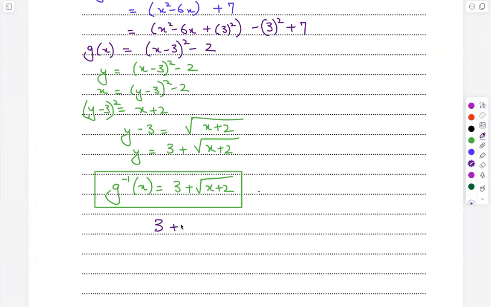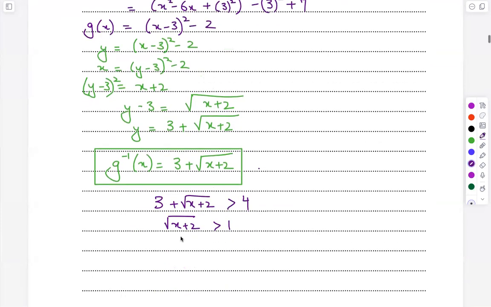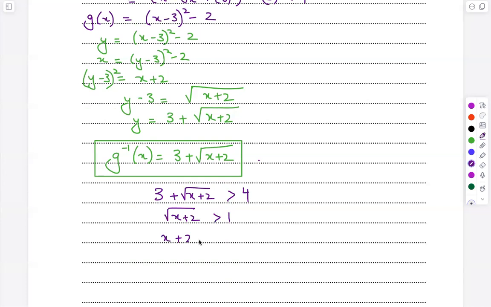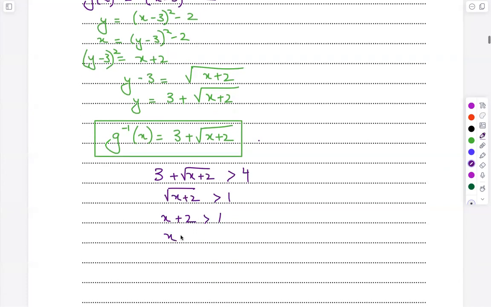So we can write 3 plus the square root of x plus 2 must be greater than 4. Taking 3 to the left hand side, the square root of x plus 2 is greater than 1. Taking the square on both the sides, we'll get x plus 2 is greater than 1. So x will be greater than 1 minus 2, which is minus 1. So the domain for g inverse will be x greater than minus 1.